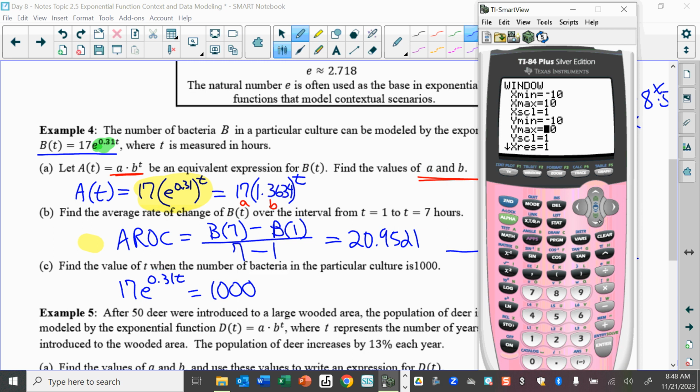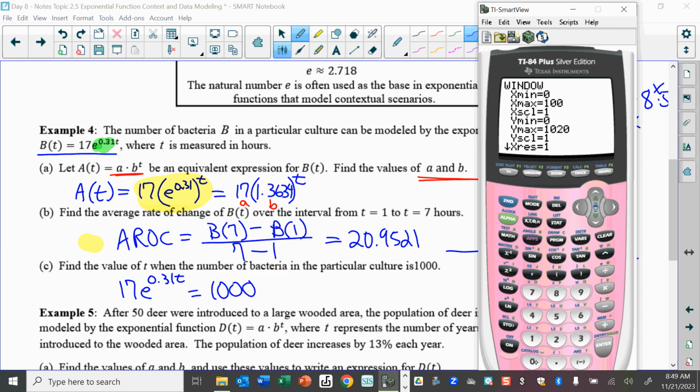So let's make it like 1,020, right? But do I also need to see anything over to the left? No, we'll just start with a 0. So 0, and then I don't know how big I'm going to have to go. So why don't we just do like 100? I kind of don't even need to see down here either. So let's put 0 there too. So I kind of wanted to see the first quadrant, right?